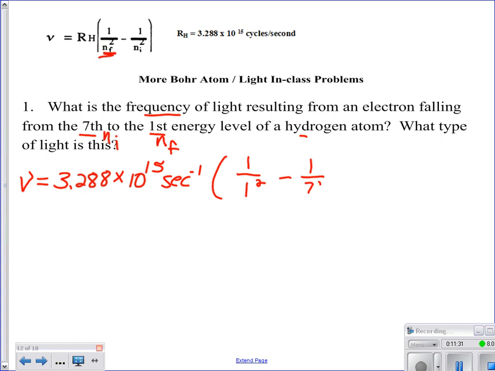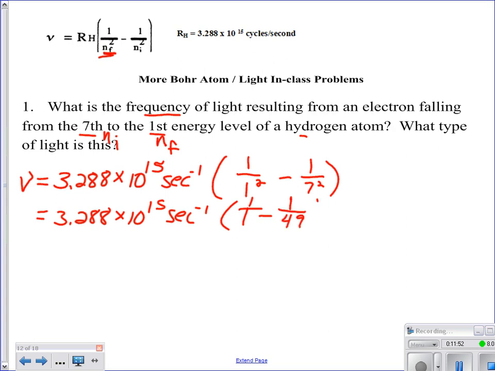So here we're going to have 7th squared. When you guys start writing these down, I just wanted to show this like that one time, but chances are you're just going to do this. One minus, or actually maybe you'd say 1 over 1 minus 1 over 49. So feel free to just jump to that step right away.